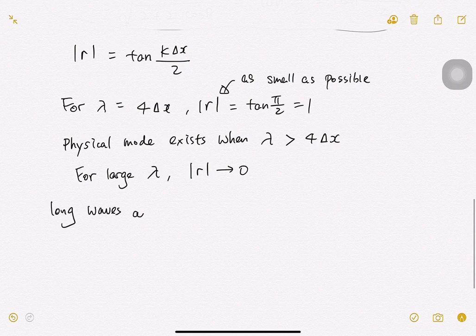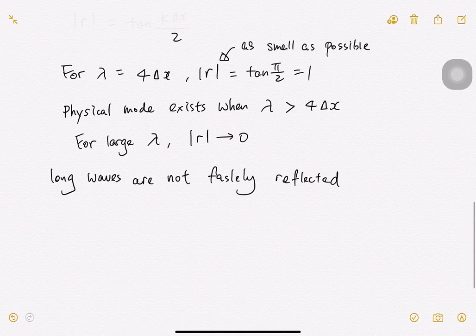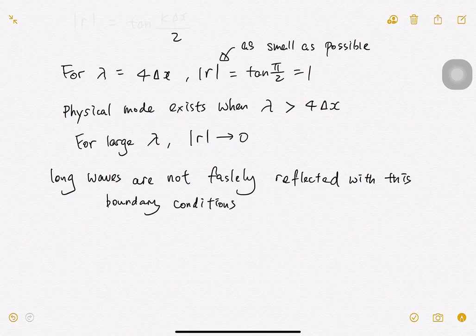Long waves are not falsely reflected with this boundary condition. So it can be used as an open boundary. What does it mean by open boundary? It means that the waves can travel through this boundary freely.